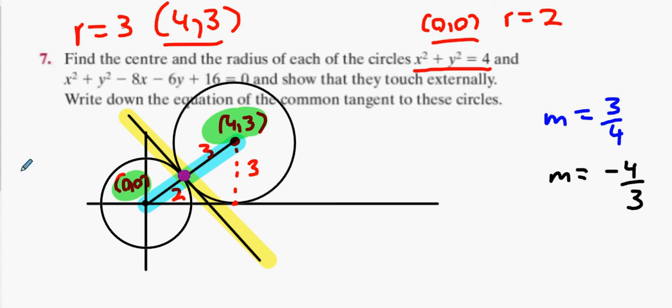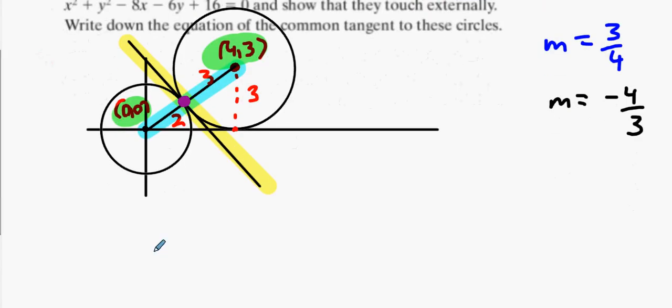Now, does anybody know how to find the purple point here? There might be a way to do it. 0, 0 goes all the way up to what? 4, 3. Would you agree with that? And would you agree that that's a distance of 5?